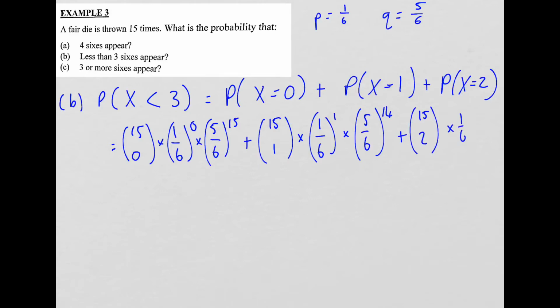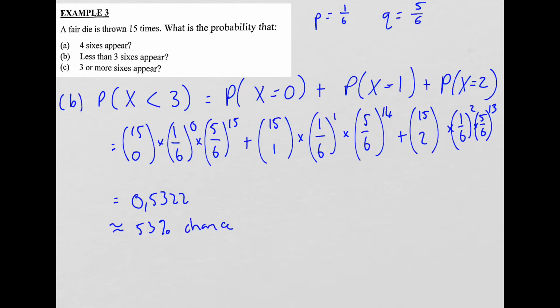That means 1 over 6 to the power of 2 times 5 over 6 to the power of 13. Remember that these exponents always have to add up to the number of trials. So in the first group, 15 plus 0 is 15, 1 plus 14 is 15, and 2 plus 13 is 15. Punch that all into the calculator and you end up with 0,5322, which approximates to about a 53% chance.